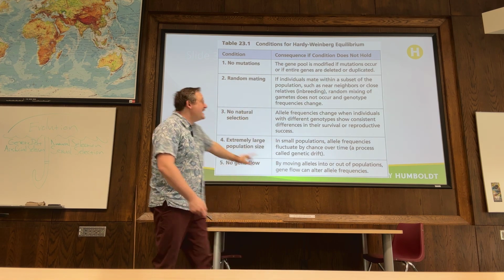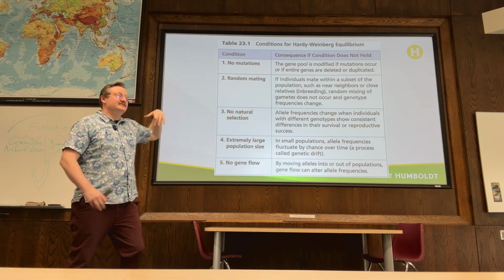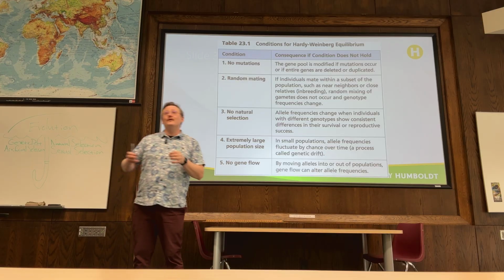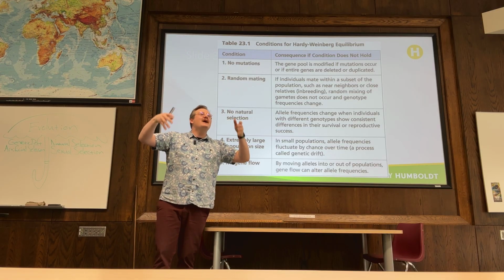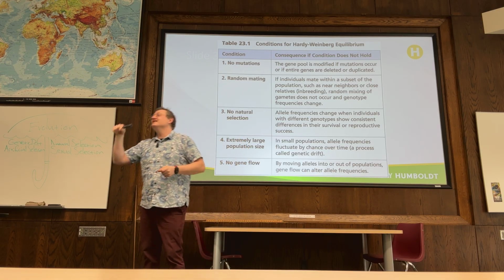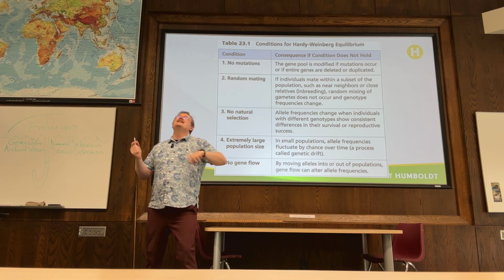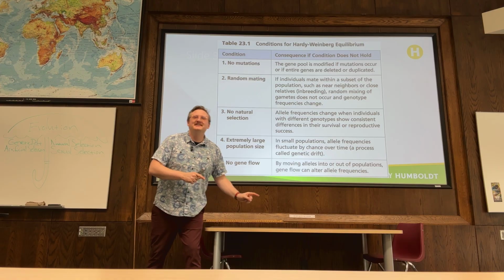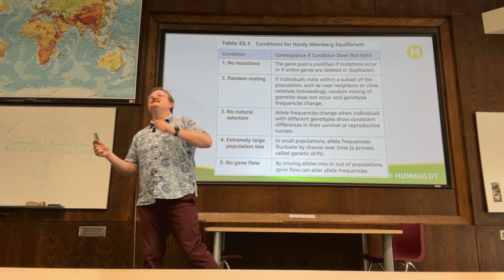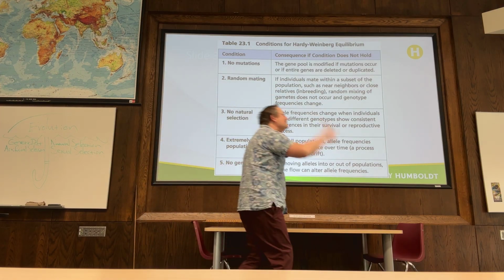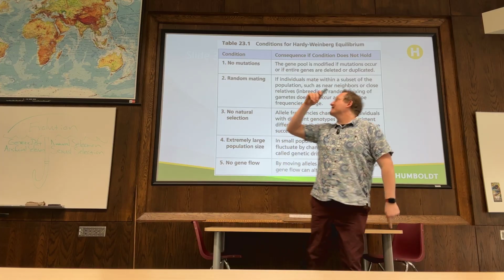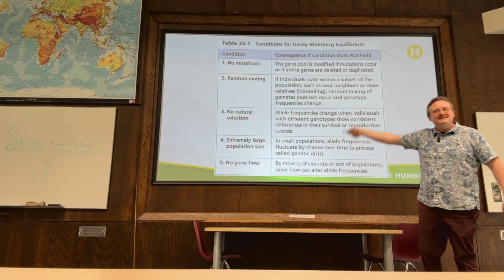So if you've got a table like this that tells you the conditions for maintaining Hardy-Weinberg equilibrium, it tells you the conditions necessary for evolution not to occur. If you want to know the conditions necessary for evolution to occur, you just need to think about the opposite of these conditions.